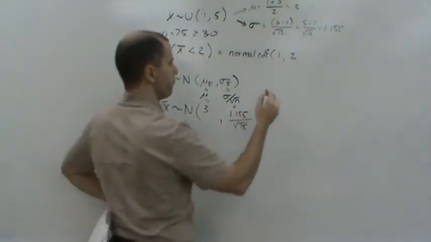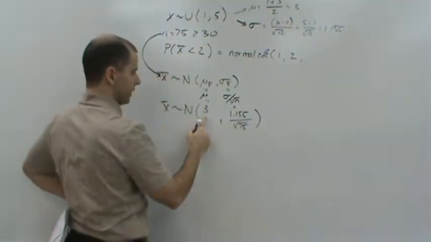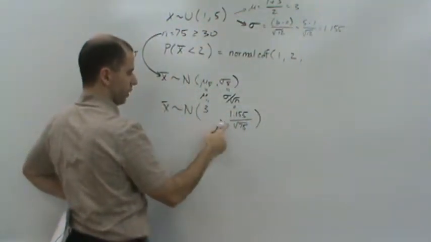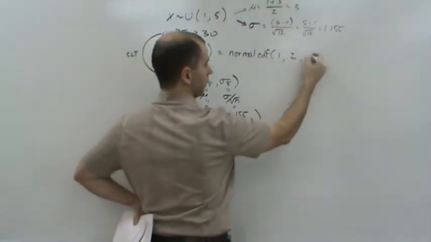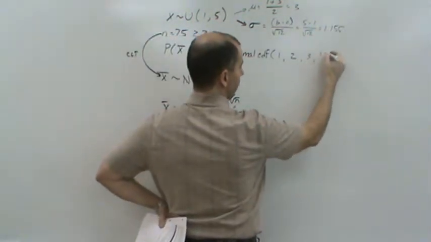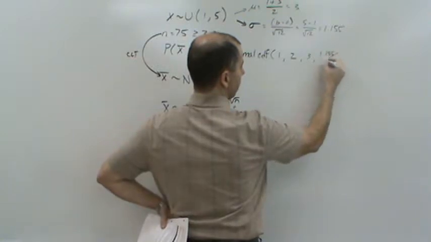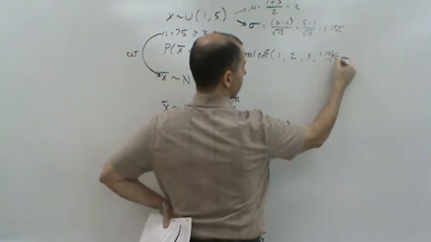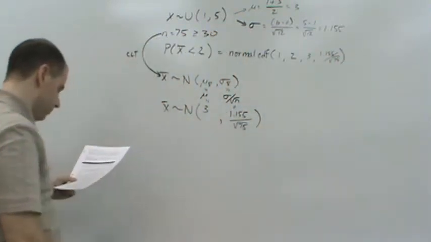Then we use the mean and standard deviation: 3, and then 1.155 divided by the square root of 75.